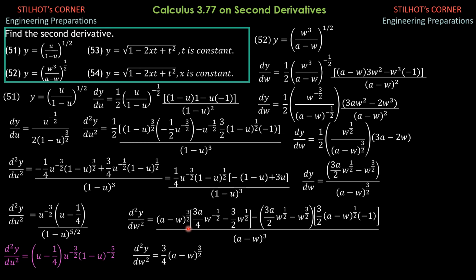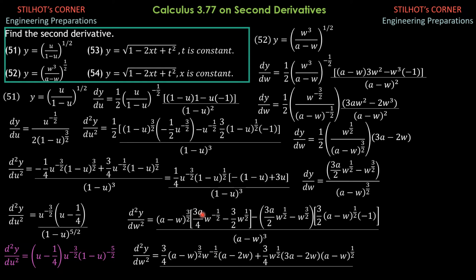So simplifying, we have the second derivative of y with respect to w equals, for the constants, 3/4, so let's distribute that, (a minus w) to the 3/2, then w to the negative 1/2. Then since this is common, and we have w to the negative 1/2, this first term divided by this common factor is just a.